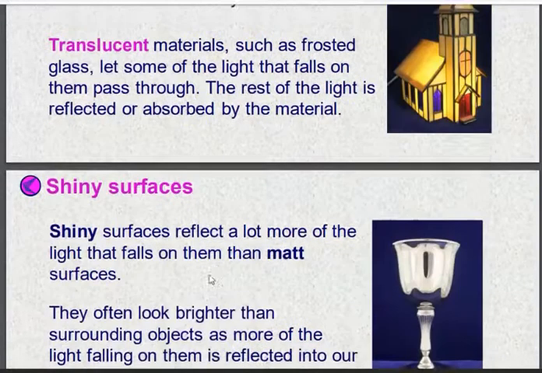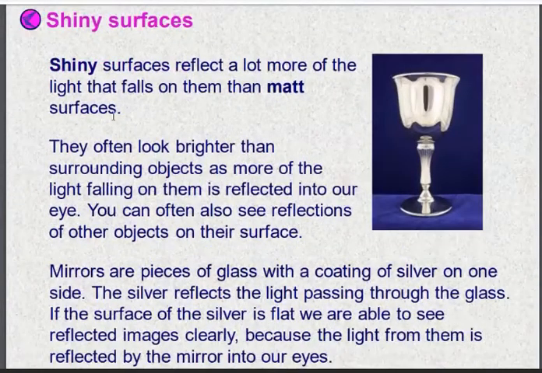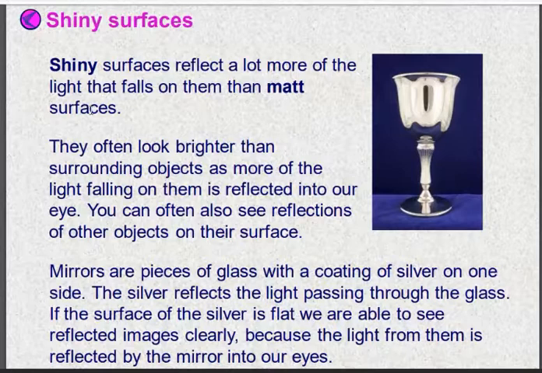And now let us check out shiny surfaces. Shiny surfaces reflect a lot more of the light that falls on them than matte surfaces. That means a rough surface reflects less light, and a smooth surface reflects light much more, and that surface is called a shiny surface.